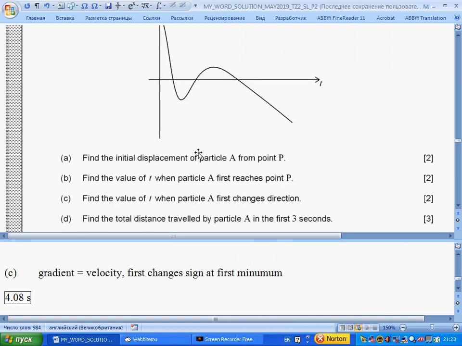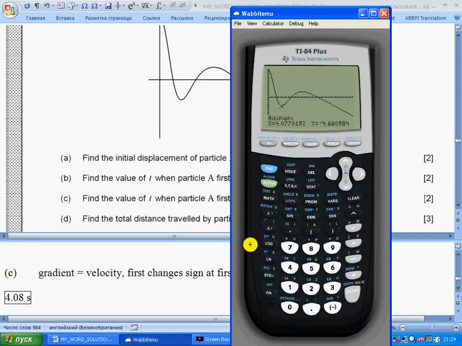Find the total distance traveled by the particle in the first 3 seconds. So we need the value at 3 seconds.